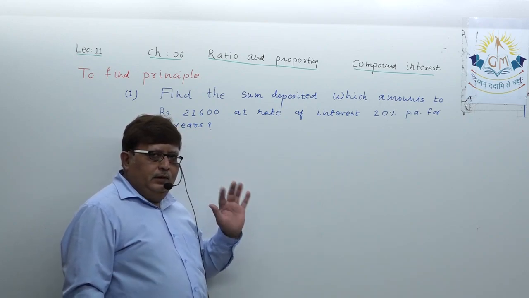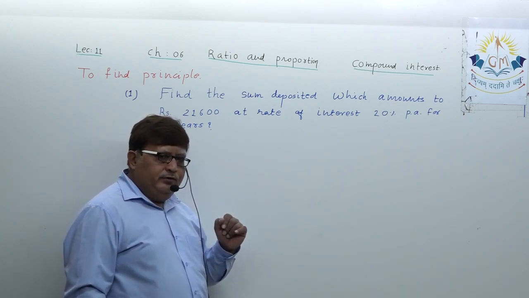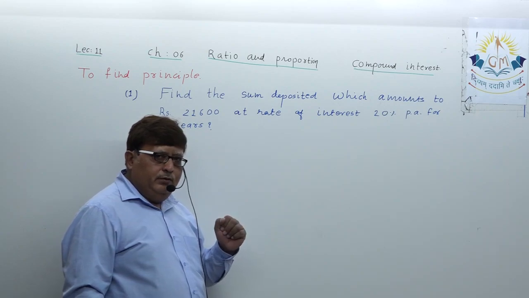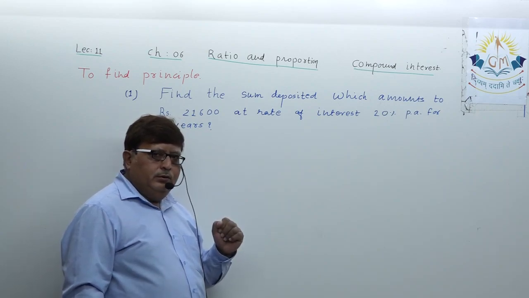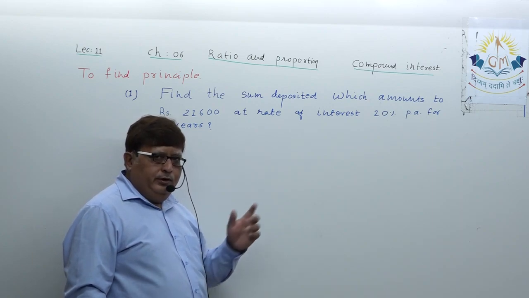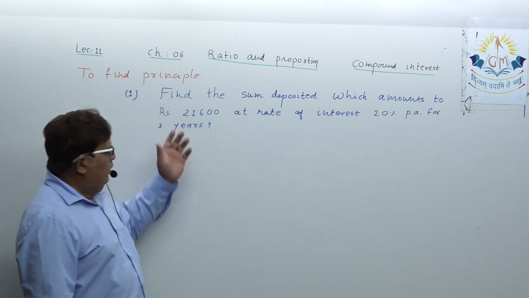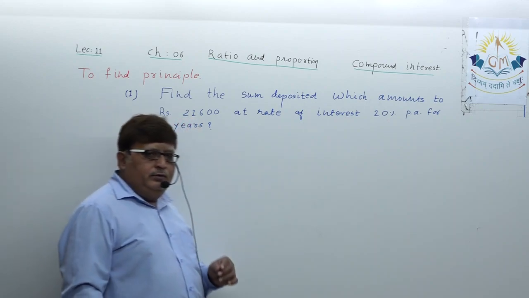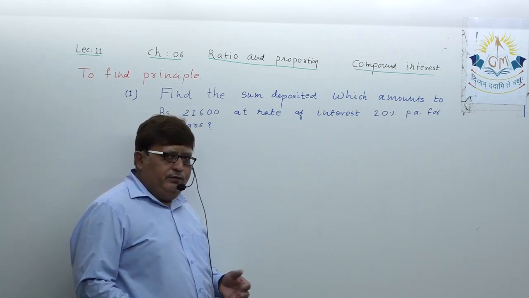Okay, so for finding principal, what you should have? Amount, rate of interest, number of period. You have it. Amount 216,000, definitely.